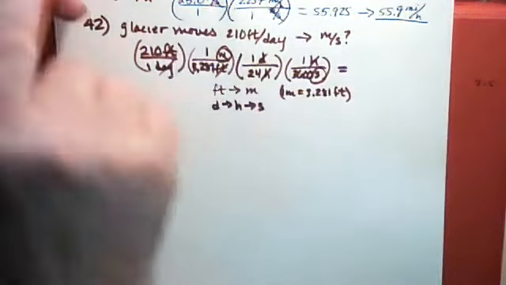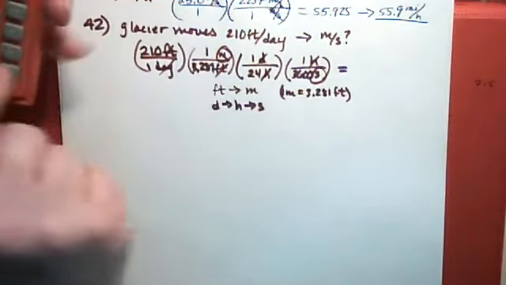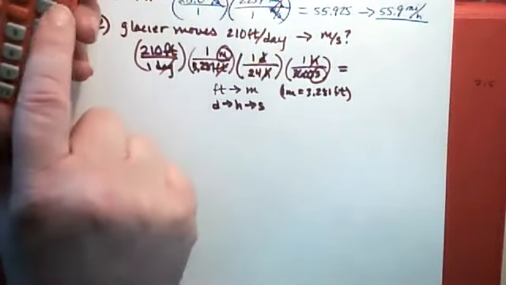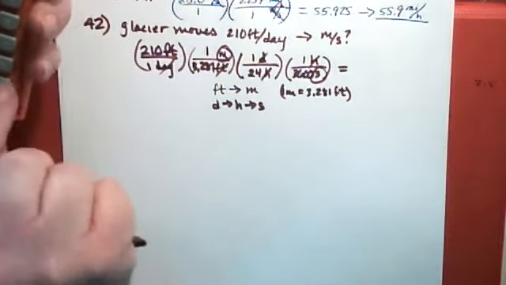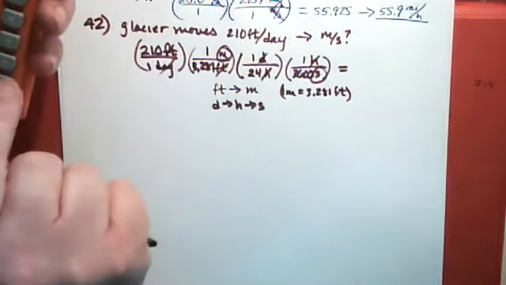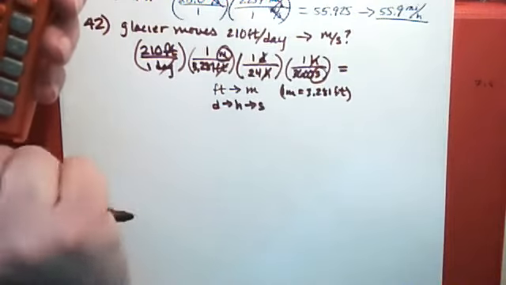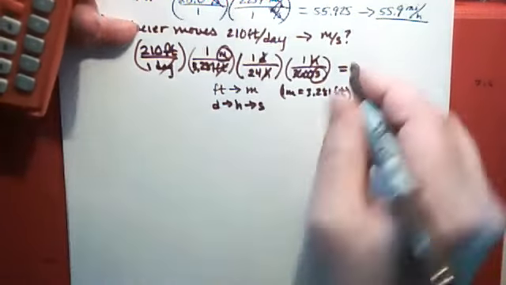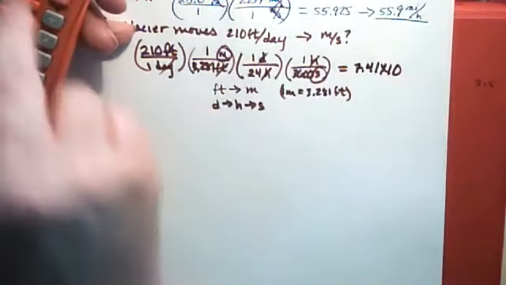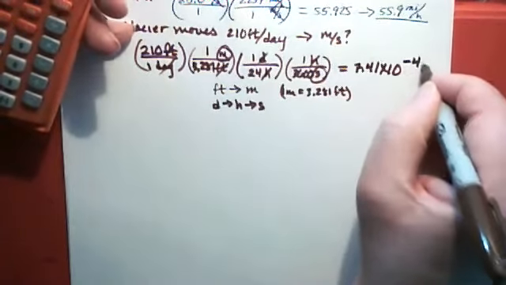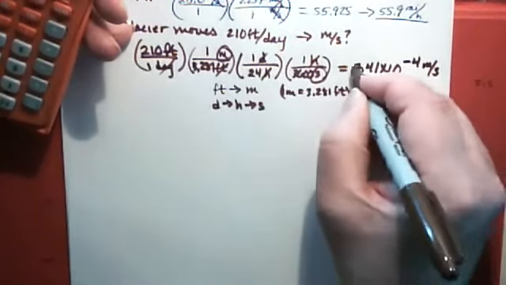And then we have to work out the numbers though. And that will be 210 divided by 3.281 divided by 24 divided by 3,600. And that's 7.41 times 10 to the minus 4 meters per second.